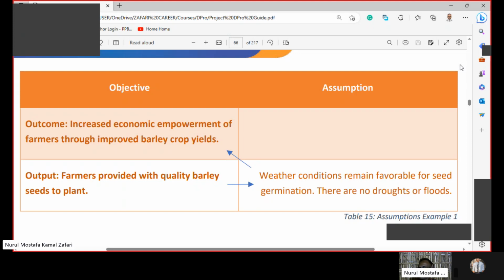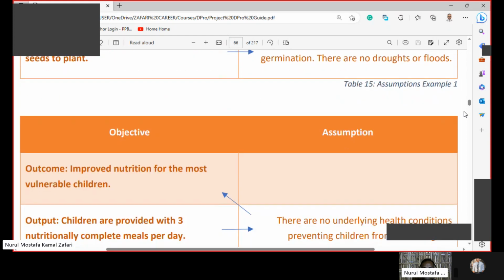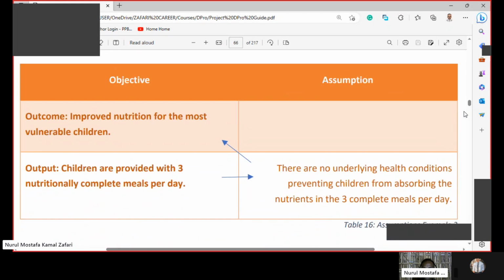Then let's go forward with another example. This is also an outcome level example.